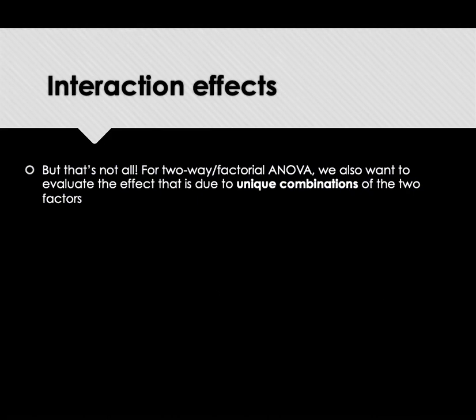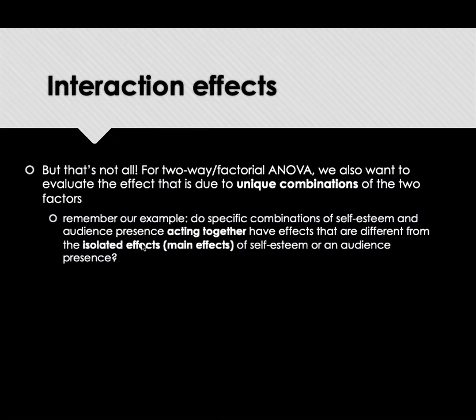So interaction effects are a really unique feature of the two-way or factorial ANOVA, and it allows us to examine whether those two variables interact to produce unique effects. So remember our example, do specific combinations of self-esteem and audience presence acting together have effects that are different from the isolated effects or main effects of self-esteem or audience presence?